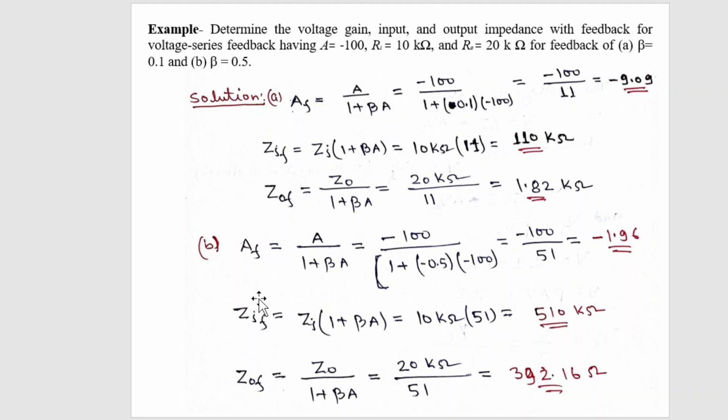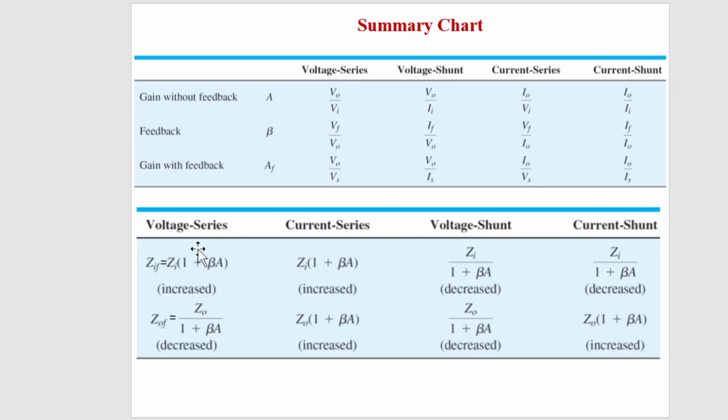Similar numerical problems can be done for other combinations, like current series, voltage shunt and current shunt. The same methodology can be used to calculate the numerical problems for other connection types of feedback. With this, I thank all of you for listening to me carefully.